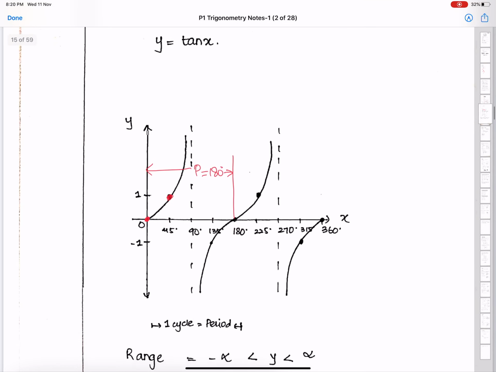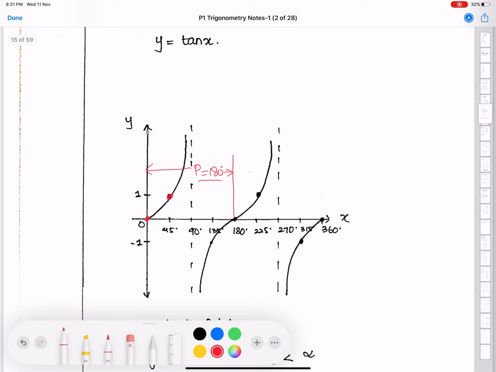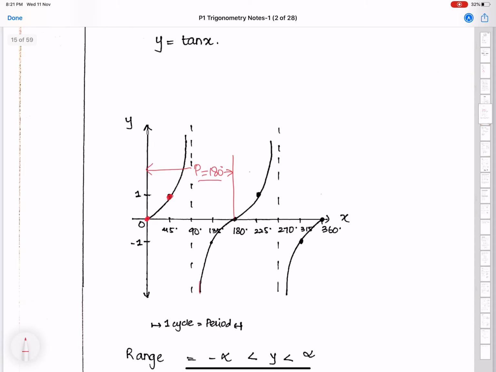Now this is the standard tan curve, and these are two tan curves in fact, because the period of tan is 180. So one curve is 180. This is one curve from here to here, and this is the second curve.